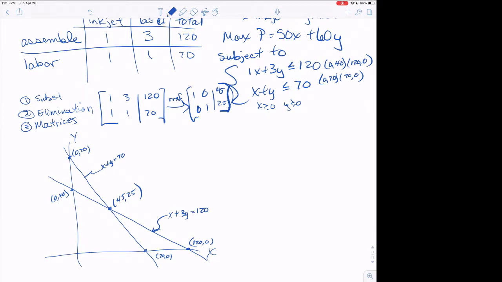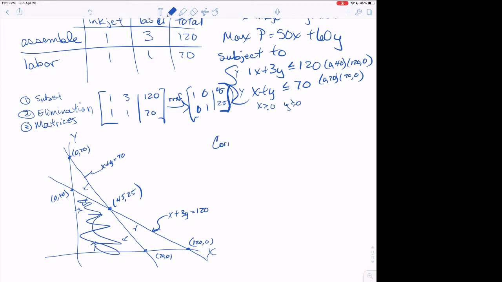Now I need to show, if I test, for here I know that, yes, it's 0, yes, it's 0. So that means I'm looking at this region right here.